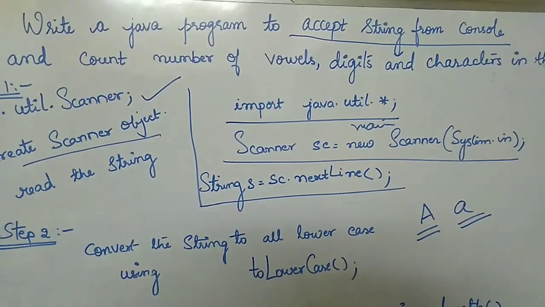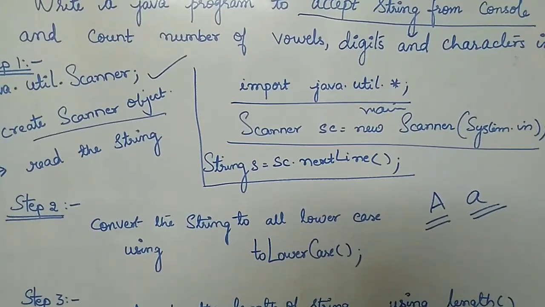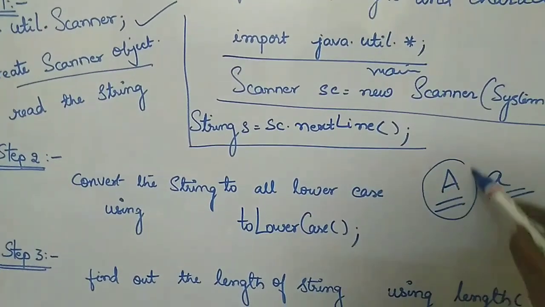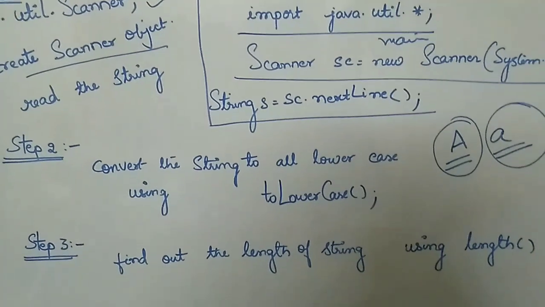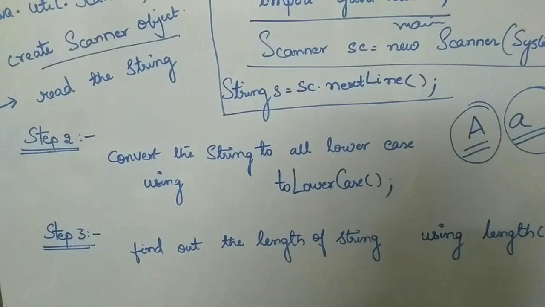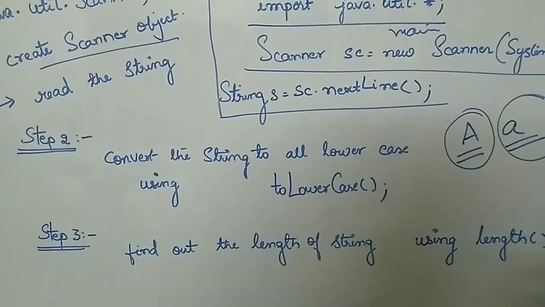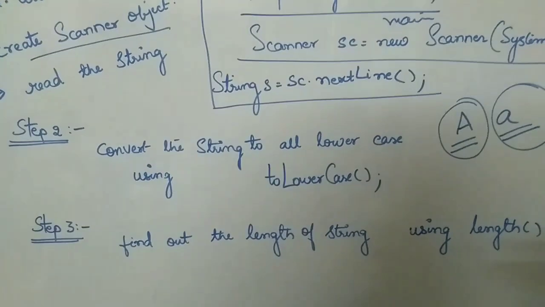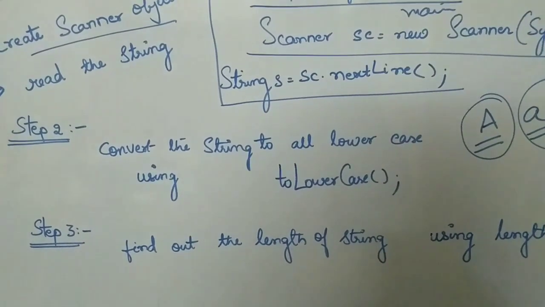According to the problem statement, I felt it would be good to convert it into lowercase, because a string can have uppercase A and also lowercase a, and in every logic that I write to compare the characters, I would have to compare with uppercase A and also with lowercase a. That would be tedious and would make my logic lengthy. That's the reason why I am converting the string into lowercase.